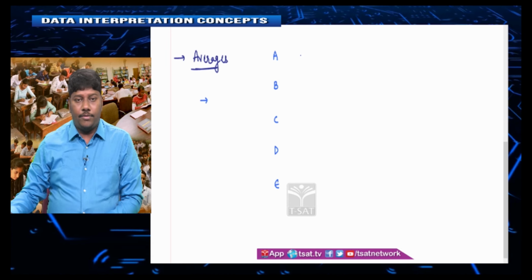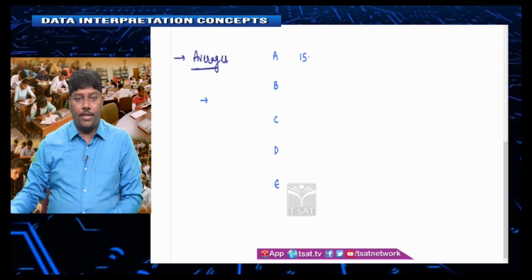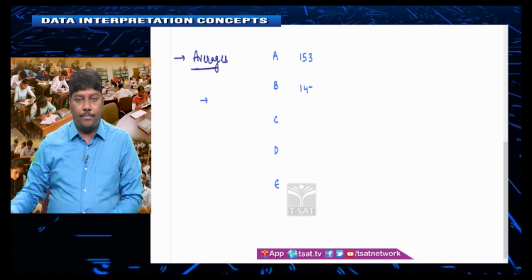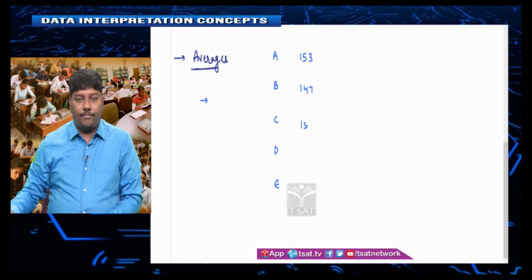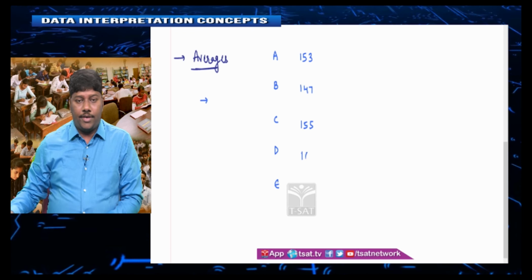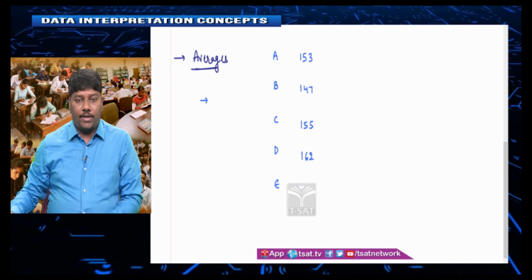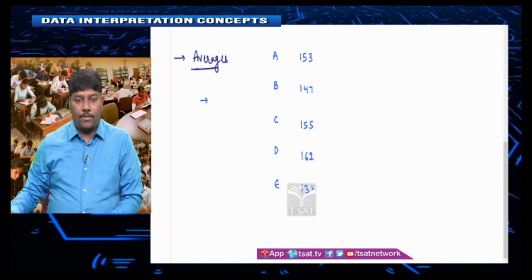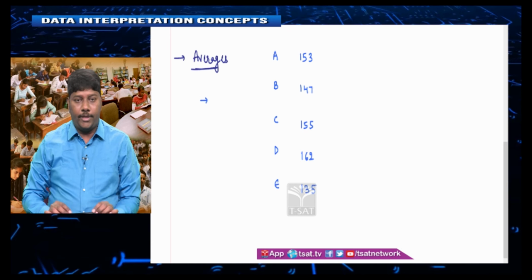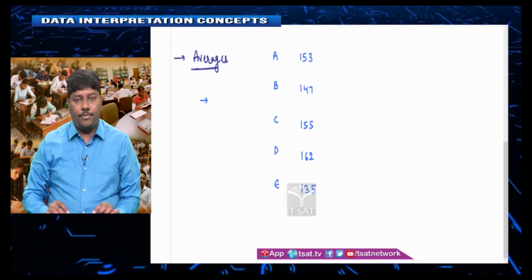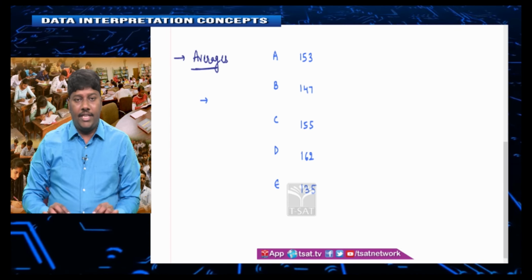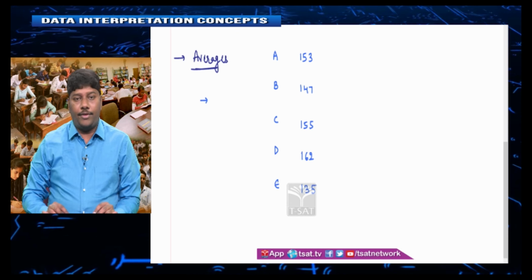Let's say the values are 153,000 cars, 147, 155 in terms of 1000, 162, and 135. All the values are close to each other. These are the number of cars produced by 5 companies, and all the values are near or close to 150.